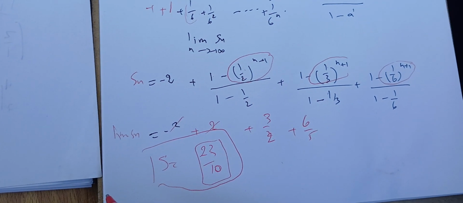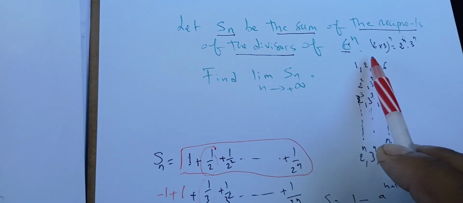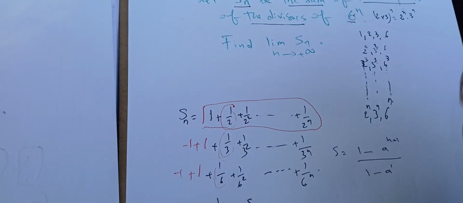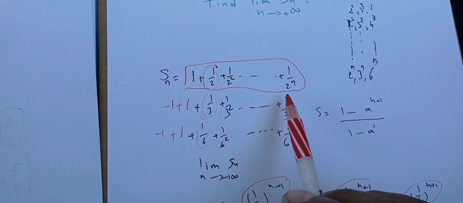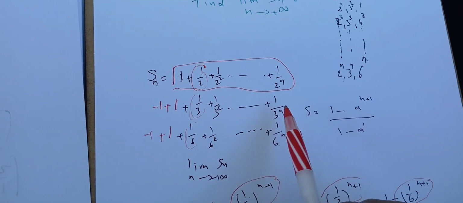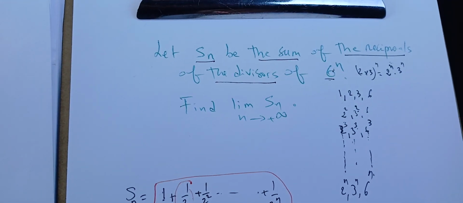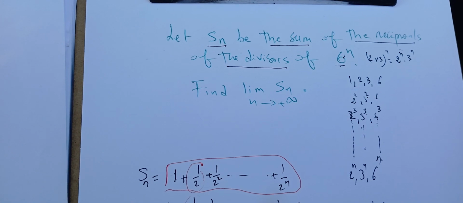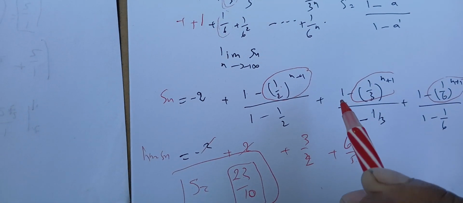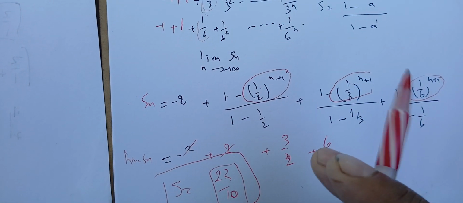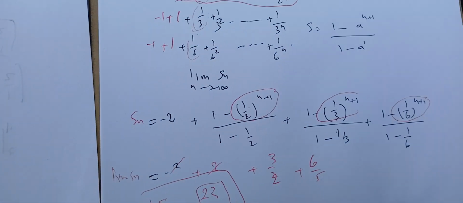The key is to find the divisors, get the reciprocals, and see that we have a geometric series in each case. And that's how we get the sum of these divisors. If you see any mistakes or errors, please comment and contact us. Thank you very much.